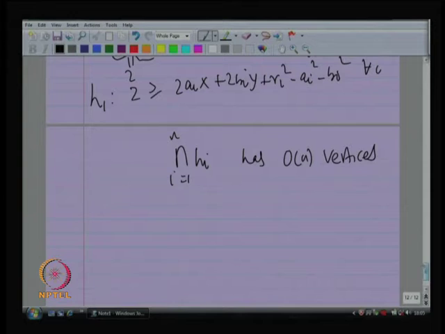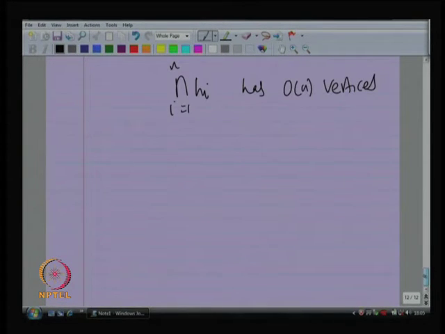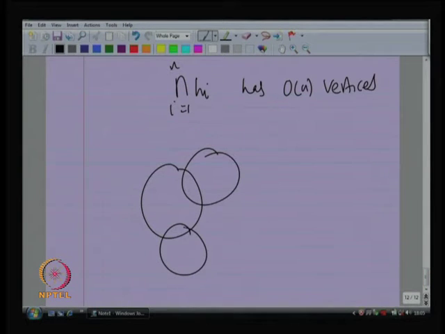Now, there is another proof which is nice, and it is the following. Suppose you have a bunch of disks, you construct a graph as follows.